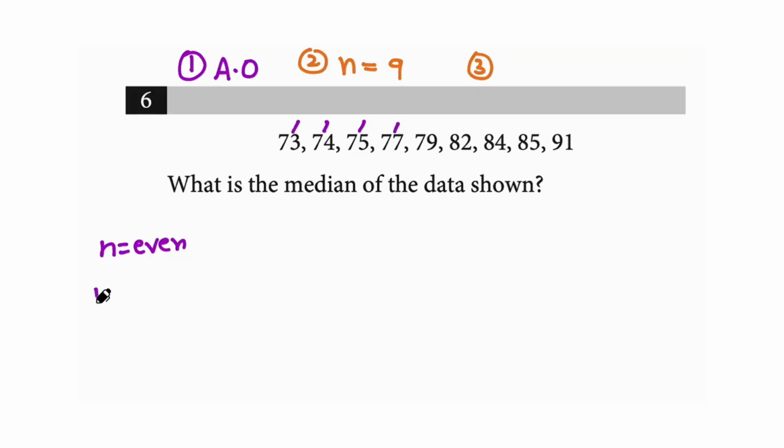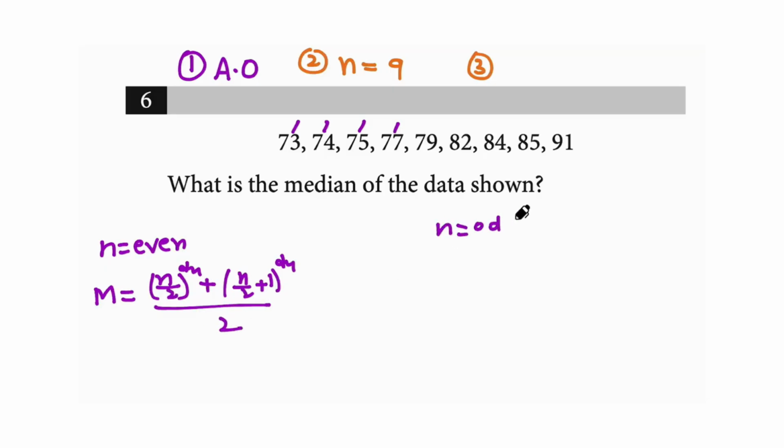When n is an even number of observations, it is n by 2th plus n by 2 plus 1th observation, by 2, right? And when n is odd, it is n plus 1 whole by 2th observation. Remember that, right? So write these two formulas in your rule book.